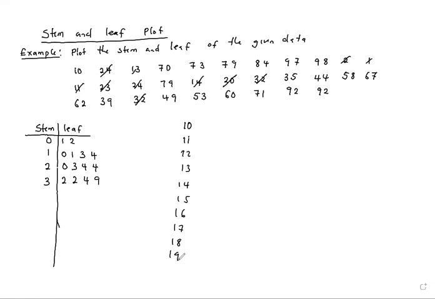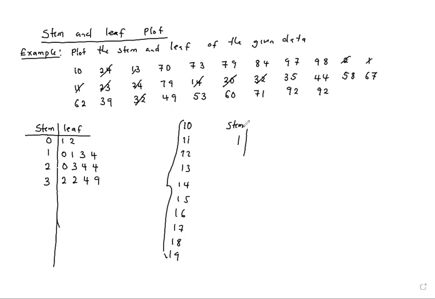Instead of writing 1, 1, 1, you just write 1 once. So you write 1 and then you block. So you're calling 1 the stem.